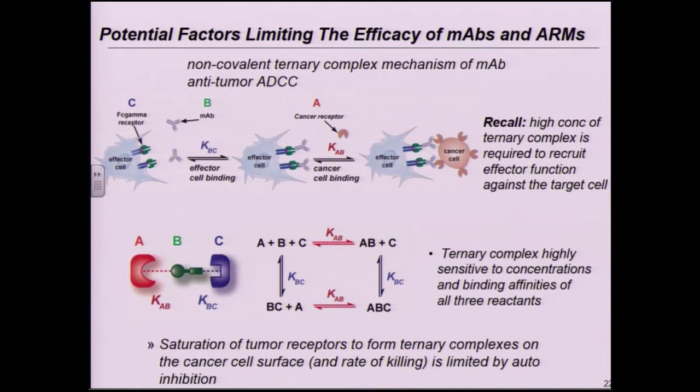Okay, the concentrations of the antibodies that you're going after or that you're introducing, it's a very difficult operation to control, as well as the affinities that these antibodies have for their targets, okay, and the immune effector cells in turn for the antibodies.